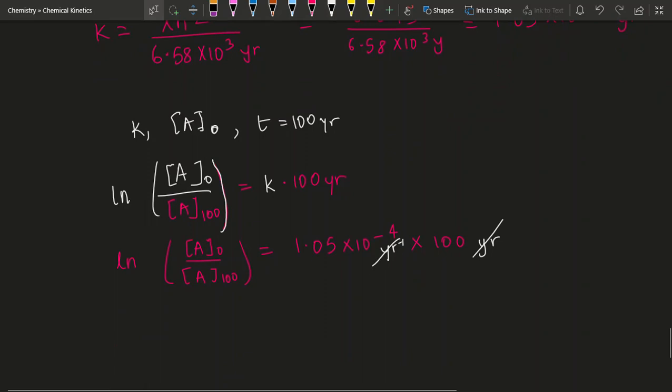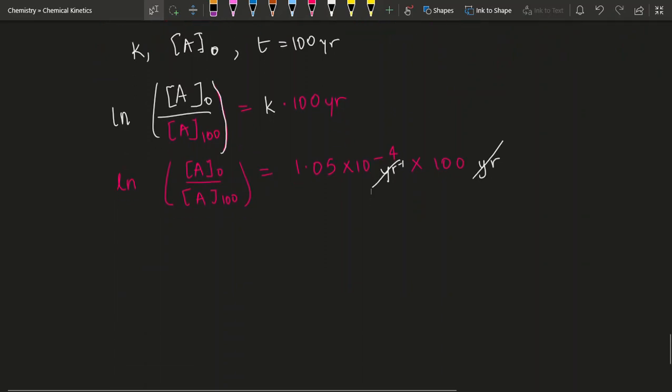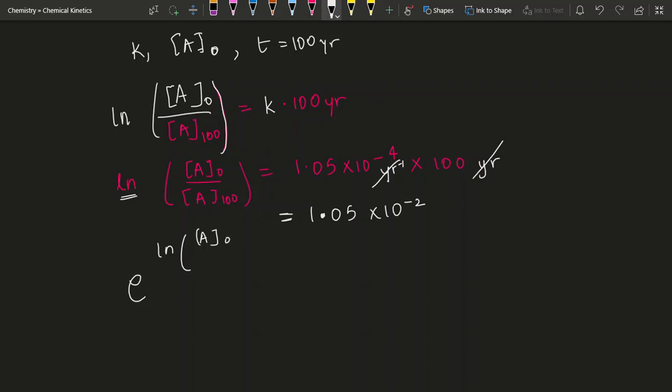And thus, you would arrive at 1.05 times 10 to the power negative 2. Once you have this expression, the next thing you need to do is take the inverse natural log on both sides. That is equivalent to raising everything to the power of e, the irrational number with an approximate value of 2.72.